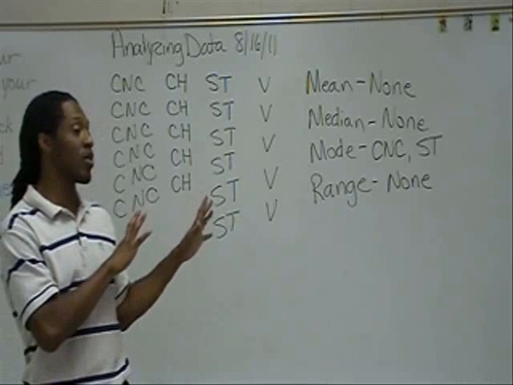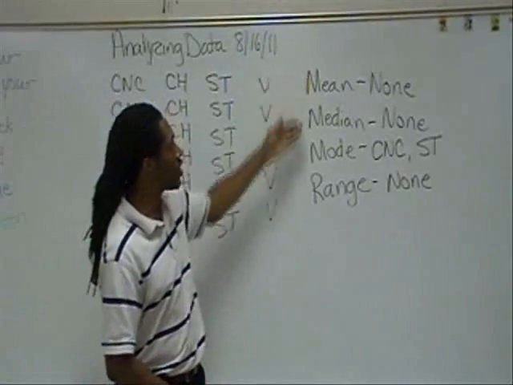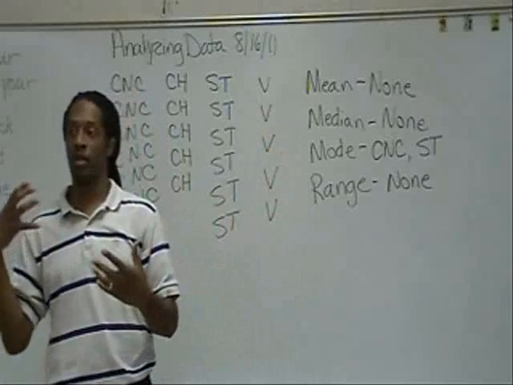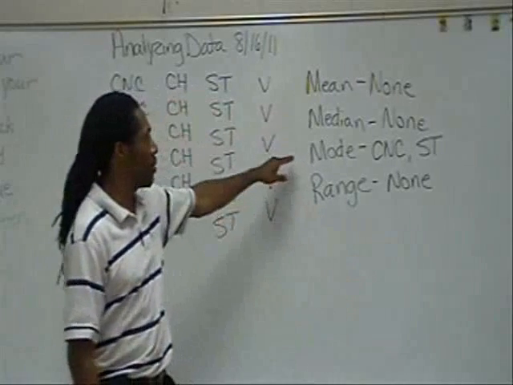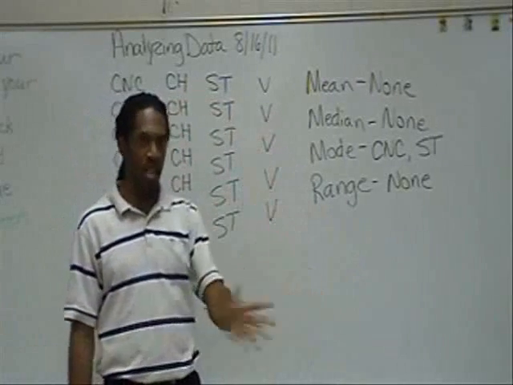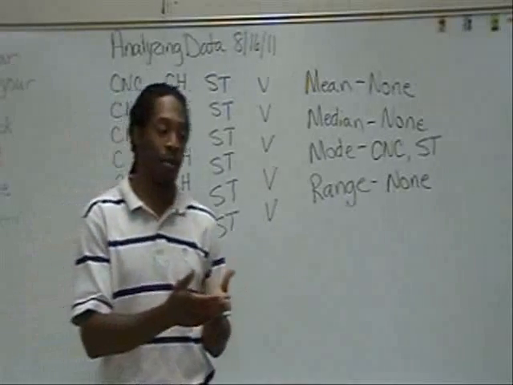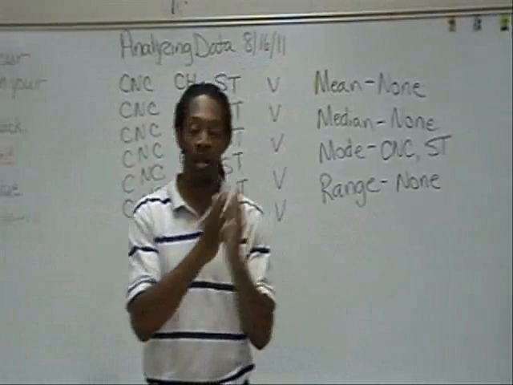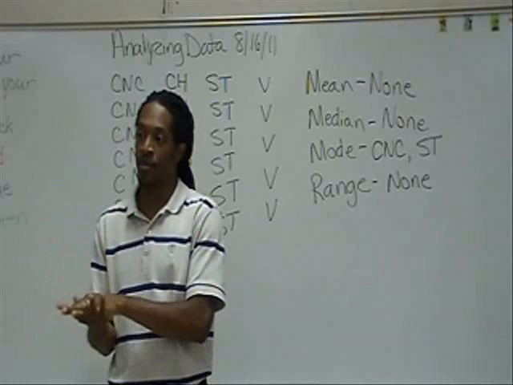Well, this is categorical data, but looking at mean, median, mode, and range, which one of these best tells a pattern that happened? The mode, because it's the only thing that we could find.